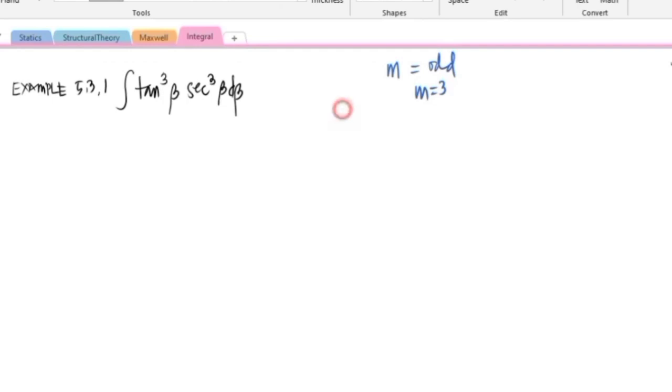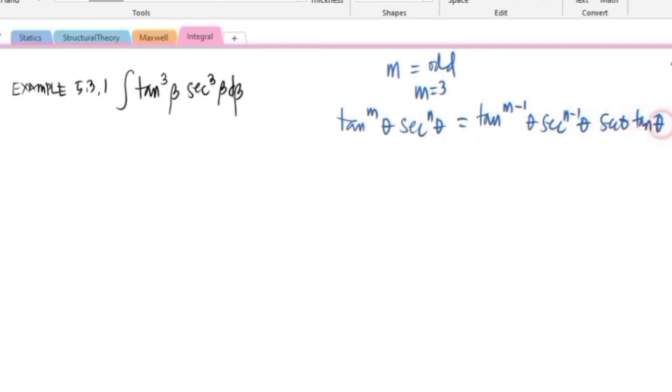So ang mangyayari ay yung tangent of m theta, secant n theta will be expressed into tangent m minus 1 theta, secant n minus 1 theta, secant theta, tangent theta. So, in-extract natin dito yung secant.